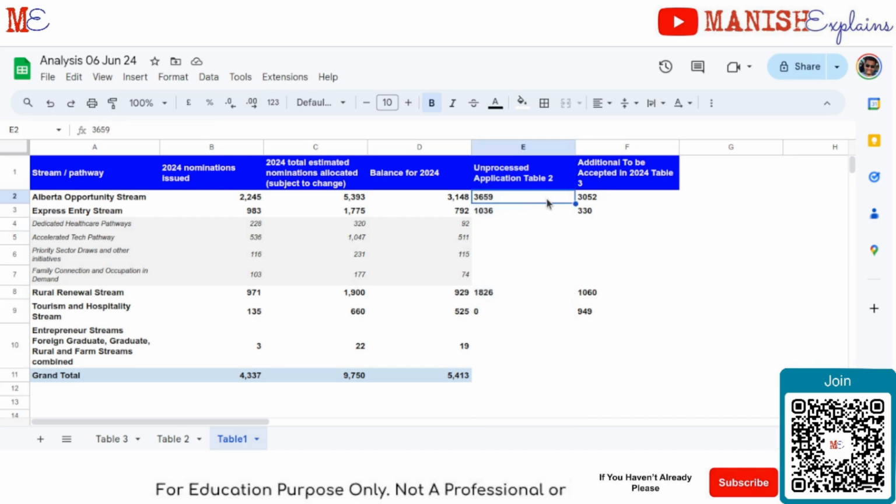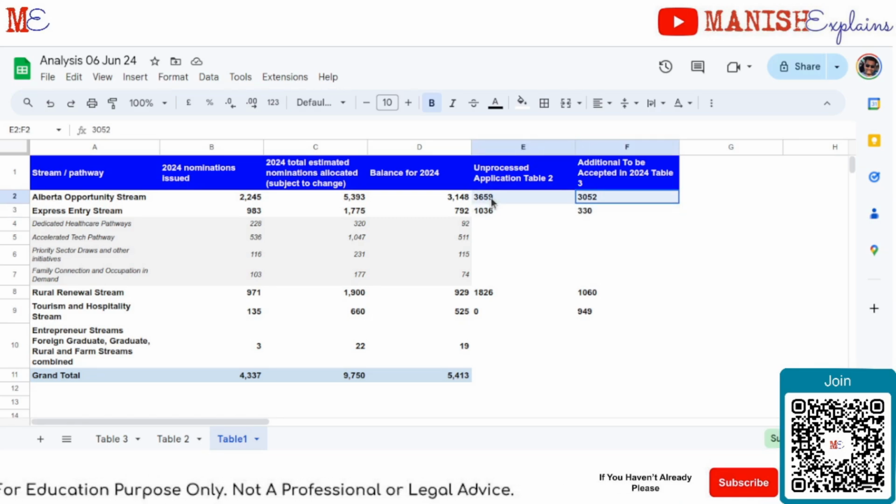If AAIP is accepting close to 6,500 to 6,700 applications when it knows that it has room for 3,148, it means it is looking at a rejection rate of 50%. That is true for all of it.